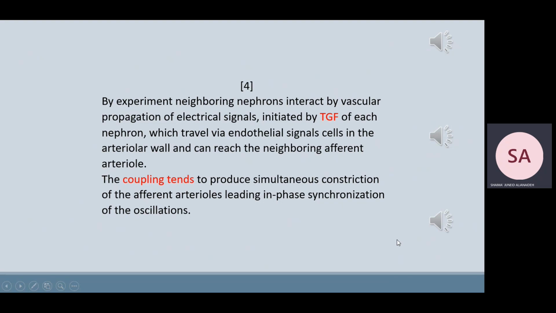The coupling tends to produce simultaneous constrictions of the afferent arterioles, leading to phase synchronization of the oscillations.